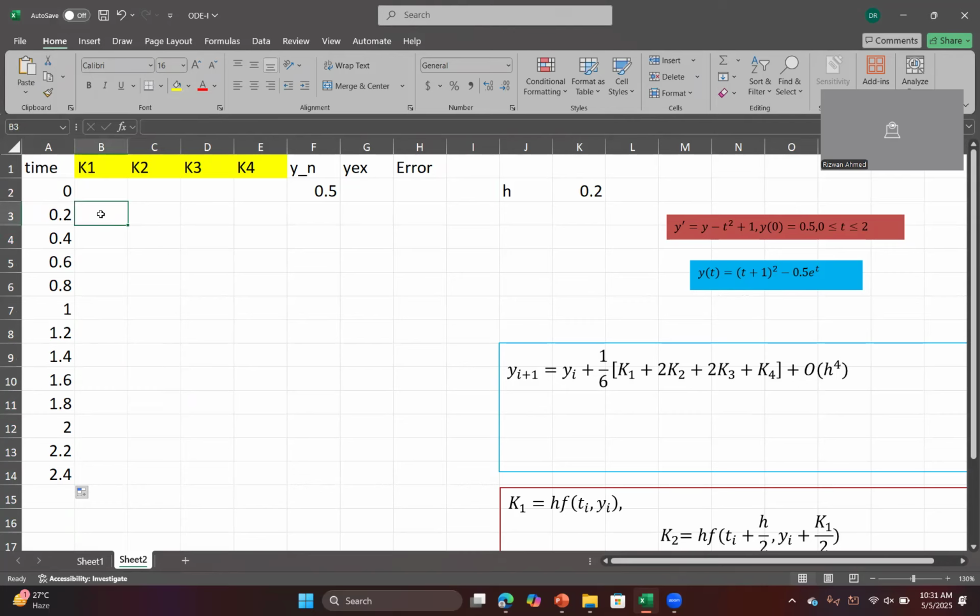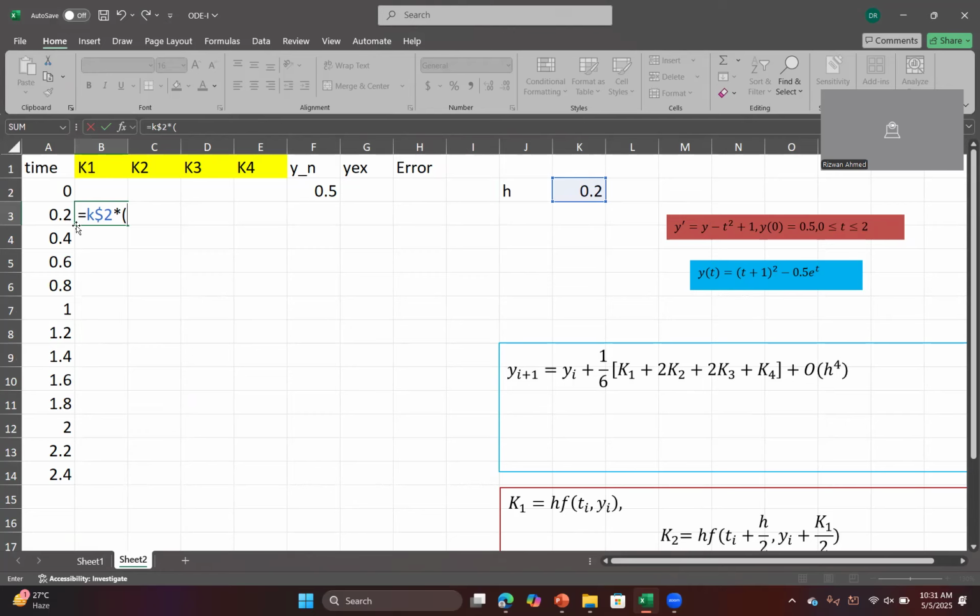So for the K1 calculation, it requires the function to be evaluated at the first point, h times f of ti, yi. So it's an increment in y. I have the expression y minus t squared plus 1, where y and t must be taken from the previous step.